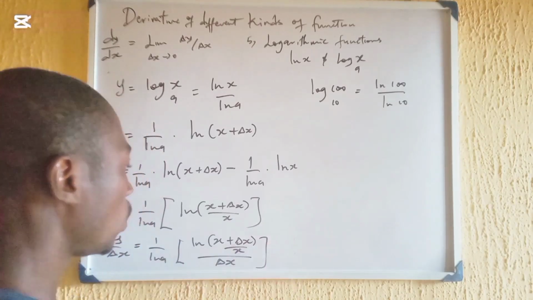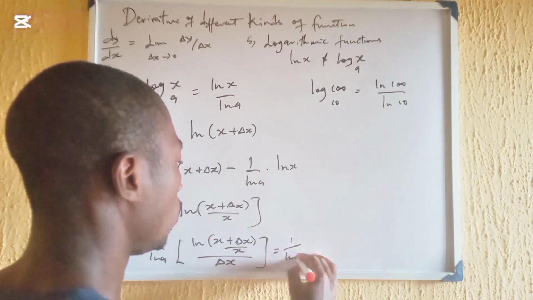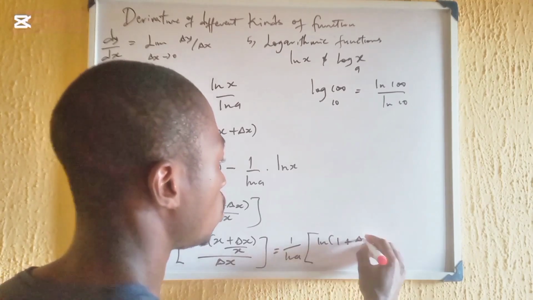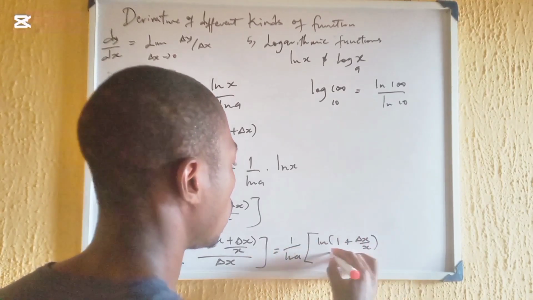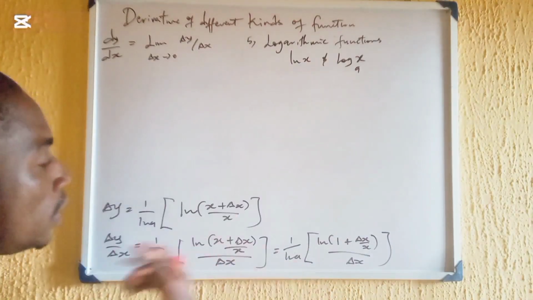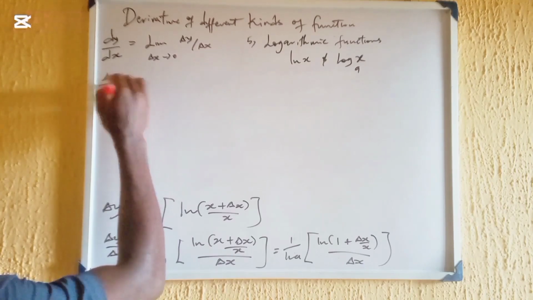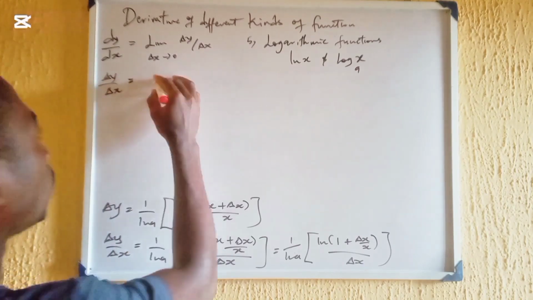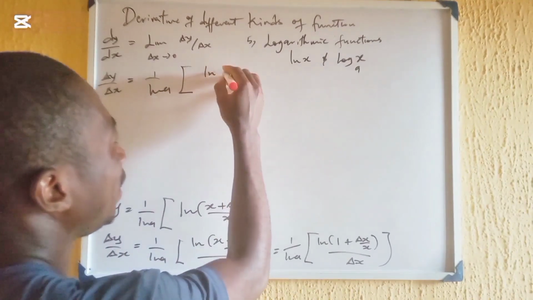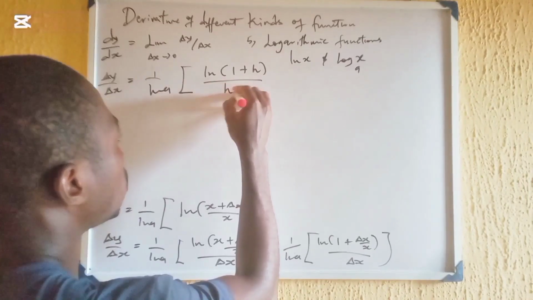So what do we have? x will divide x. So we are having this to be 1/ln a into ln(1 + change in x/x) over change in x. So doing the same thing we did in the previous example, we'll be having that change in y over change in x is equal to 1/ln a into ln(1 + h)/(hx).